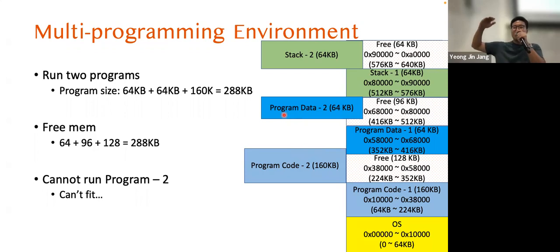Maybe the operating system needs to shift this program's data area a little bit, and then we can fit the code for program 2 in here. But doing that means we need to move things around depending on the system state. That makes things complex, because there could be practically an infinite number of such states, and caring about that is quite infeasible.